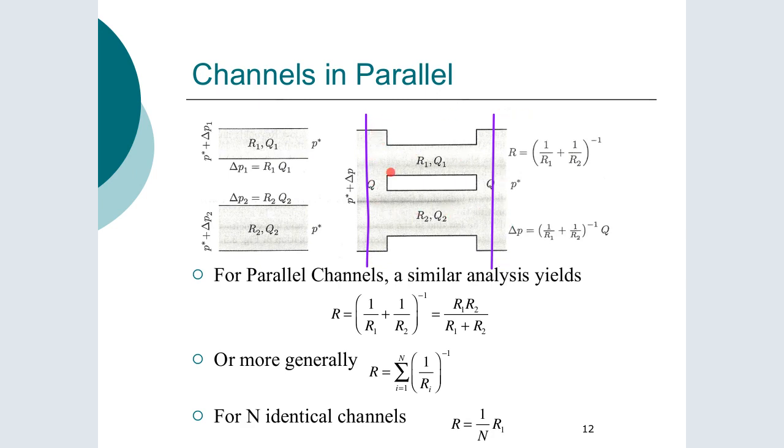So again, a constant voltage driving the flow through it. We can sum these resistances in parallel. So we end up with this expression here. And if we have channels being identical, then it is simply 1 over n times R1. So the resistance is divided by the number of channels.